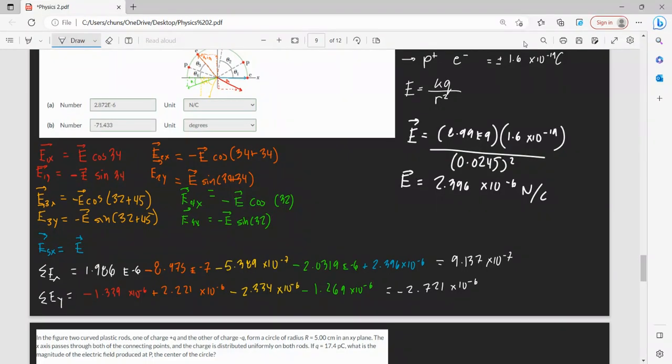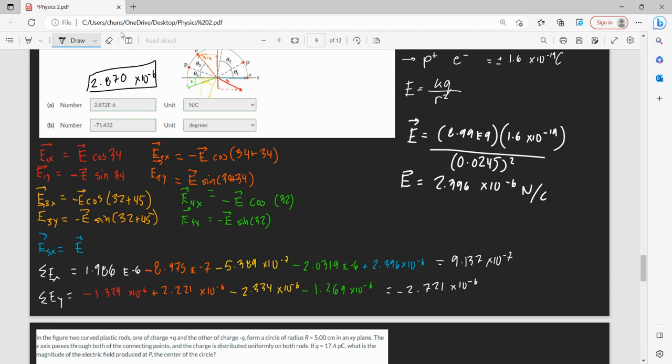Okay, now that we added up all of our x and y components, we can take the magnitude of it. So our magnitude is the square root of the sum of squares, plus 9.137 times 10 to the negative 7. So our magnitude is our answer up here, 2.870 times 10 to the negative 6. So we take our magnitude, and we want to find our direction.